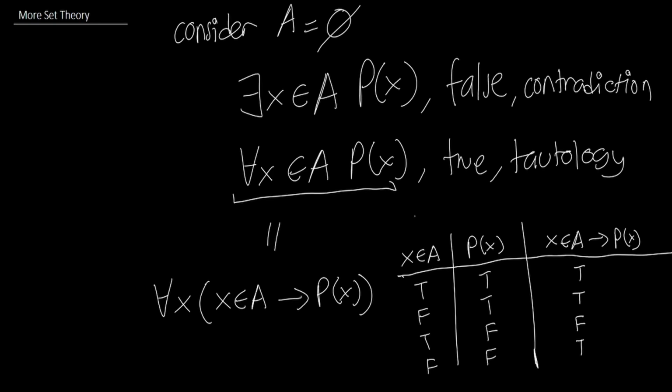So if you prefer symbols instead of math and set theory, you can just create a symbol q of x and give it the same meaning as this guy. If you're more keen to doing that, well, let's consider the first statement. X is an element of A. Well, this is going to be false no matter what, because A is the empty set.